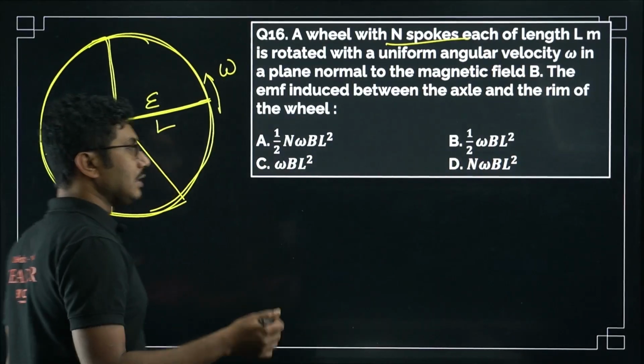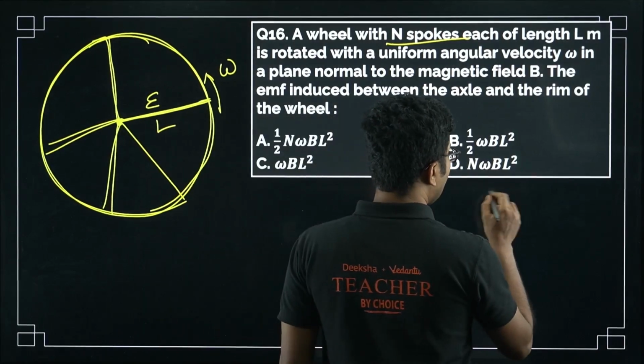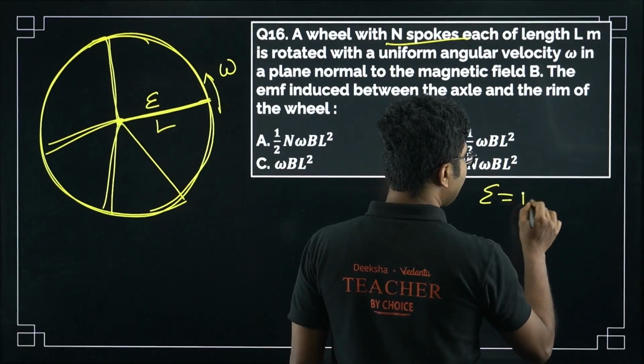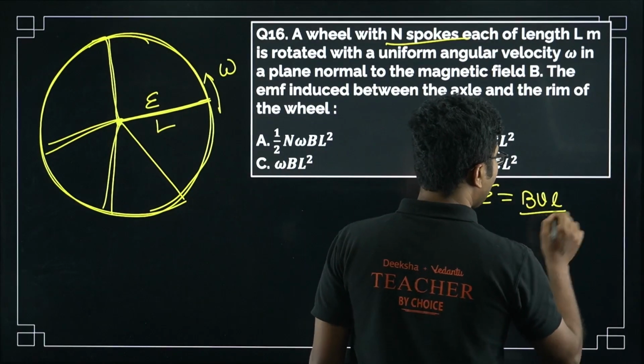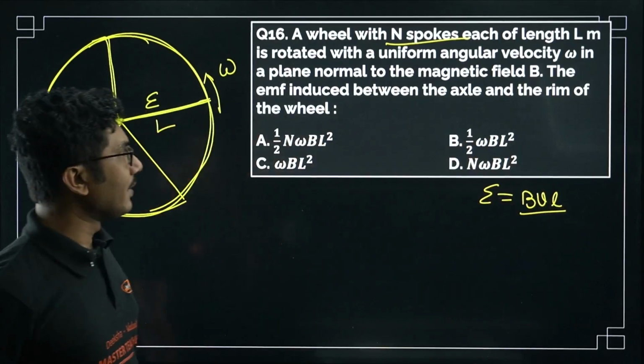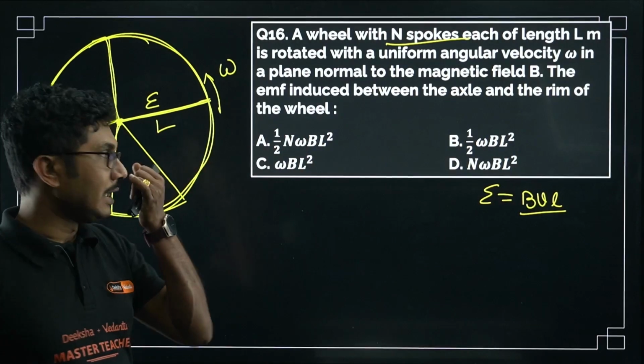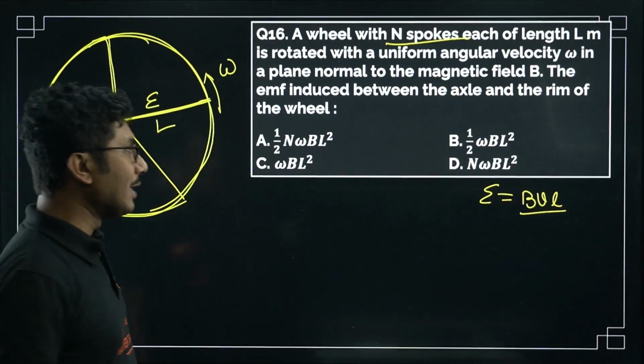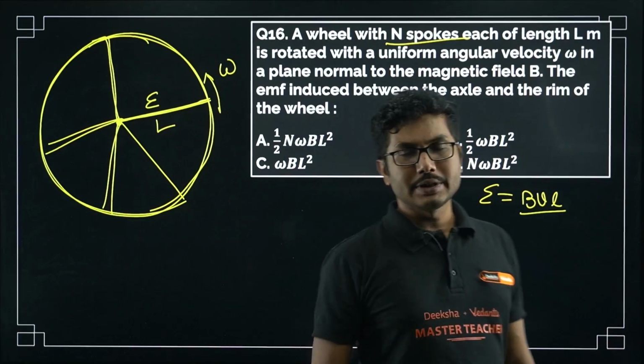First of all, obviously we want to use the induced EMF formula, that is BVL. So B is given, L is given, only V is not given. So we want to use this, but can we use this formula?